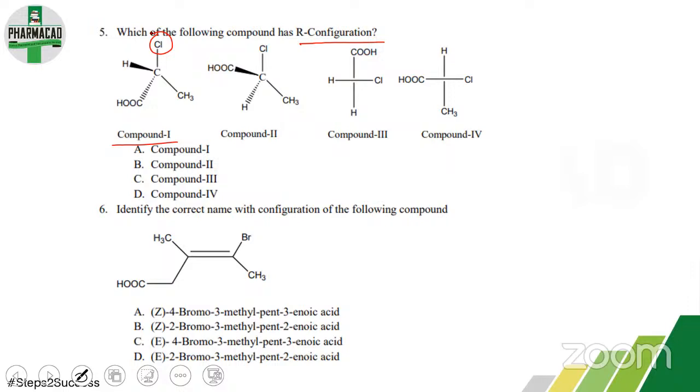So chlorine will get the first priority, so it becomes 1. Whereas this carbon with oxygen becomes 2, this methyl becomes 3, and the hydrogen has the least priority, so 4. So we have to rotate from 1 to 2 and 2 to 3. It means in this manner. Okay, this fourth one is negligible.